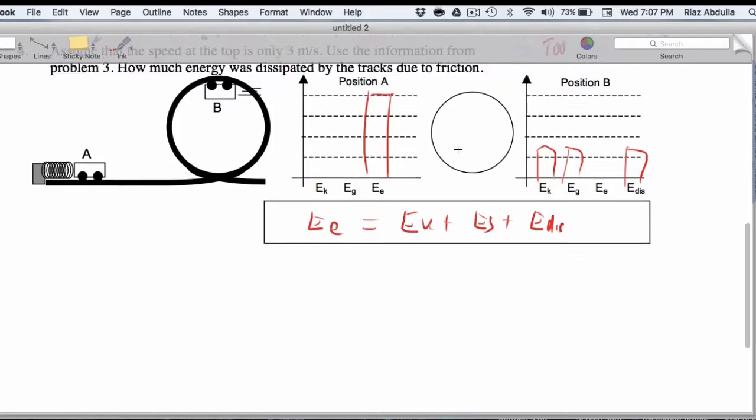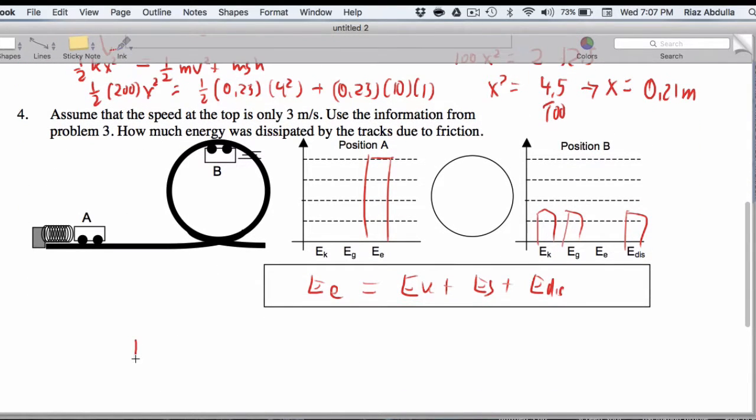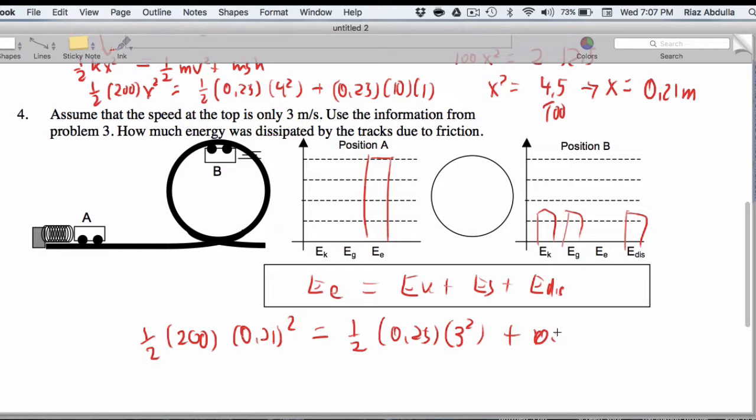So I'm going to go ahead and plug in here. So I have E elastic as 1/2 times 200 times 0.21 squared equals 1/2 times 0.25 times 3 squared plus 0.25 times 10 times the height of 1 plus the E dissipated, which is what I'm solving for.